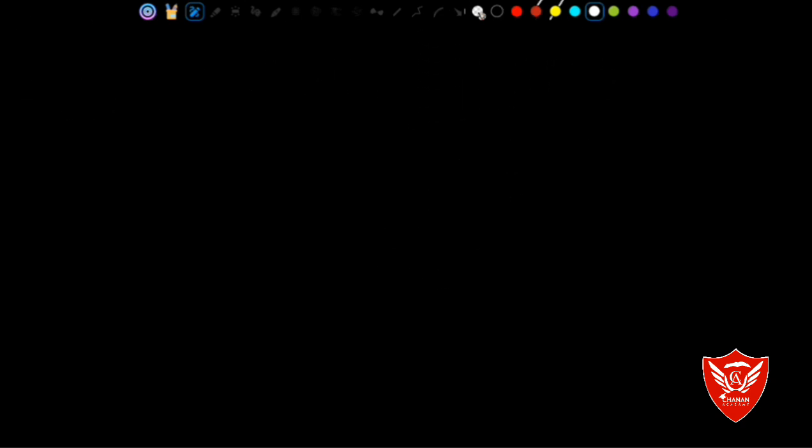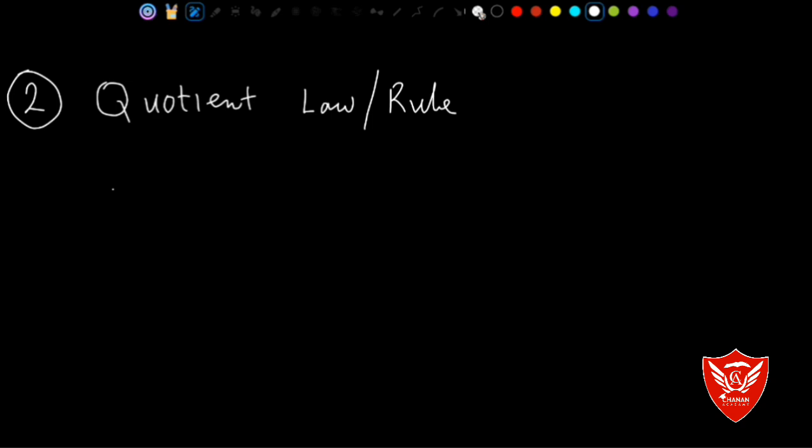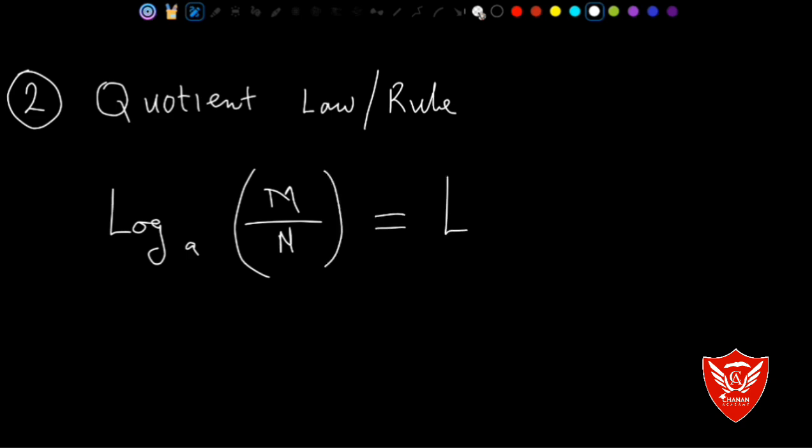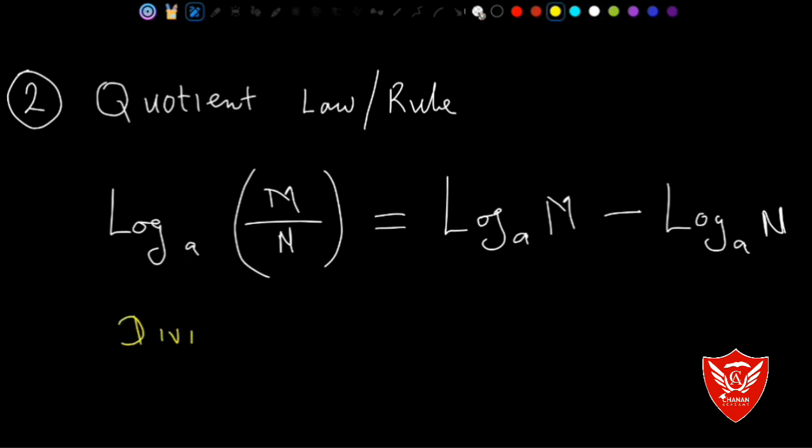Alright, so let's take the next law, the quotient law. Now, the quotient law says that if we have log base a of two numbers m and n dividing, it is equal to the log base a of m minus the log base a of n. So in this case, it means that division became subtraction, and vice versa.